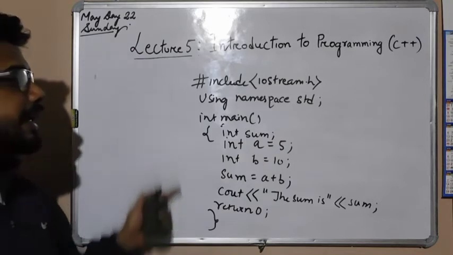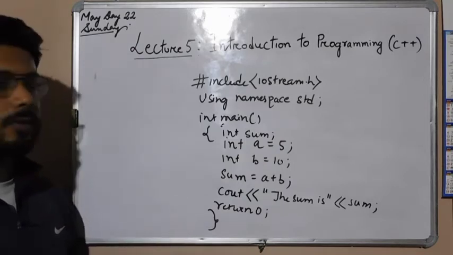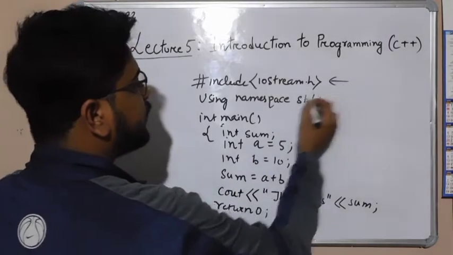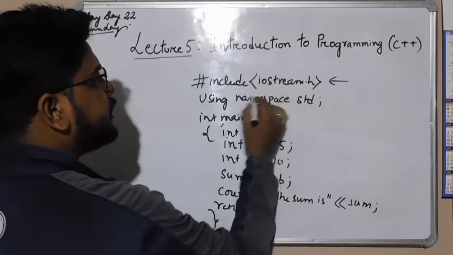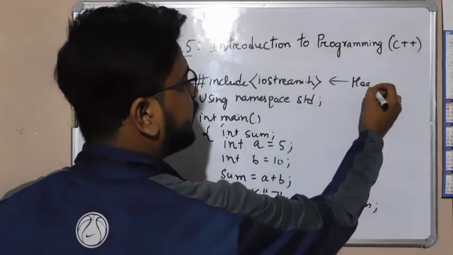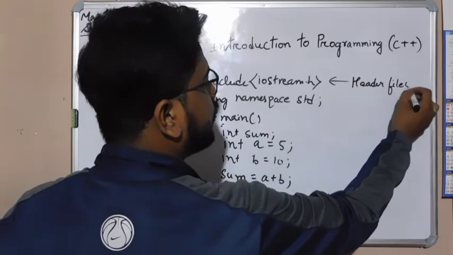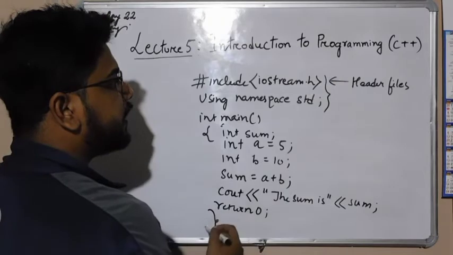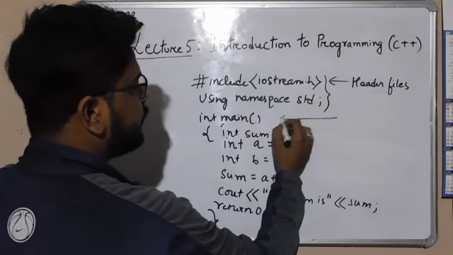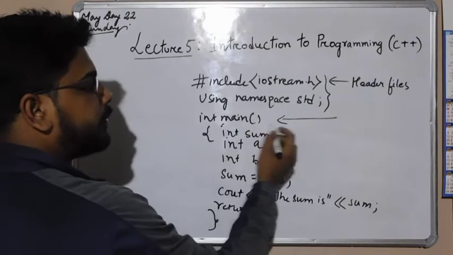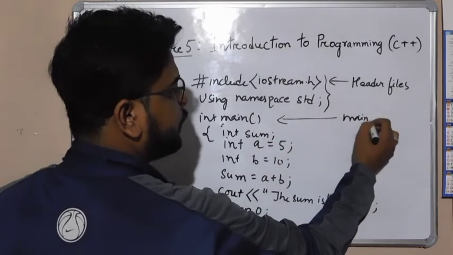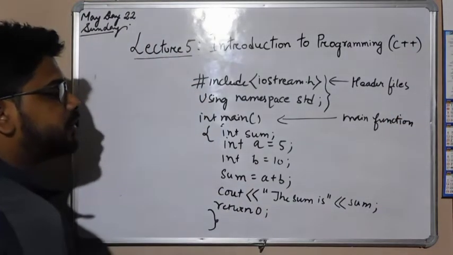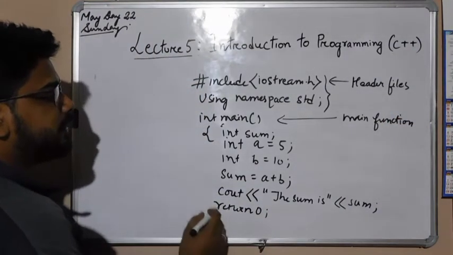Now see, students, this is a simple structure of a C++ program, okay? So let me explain it to you part by part. Whatever you see here, this is the header file. This part is known as the header files, okay? This part contains the header files. This int main or void main, whatever you have, is the main. This is the main function of the program. Okay, this is known as the main function.